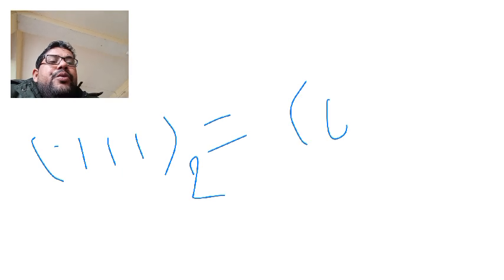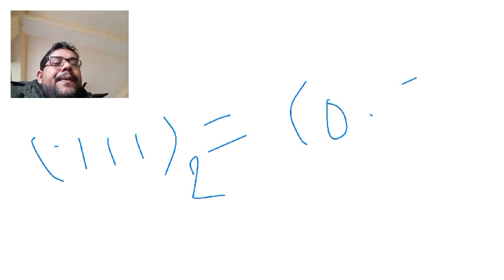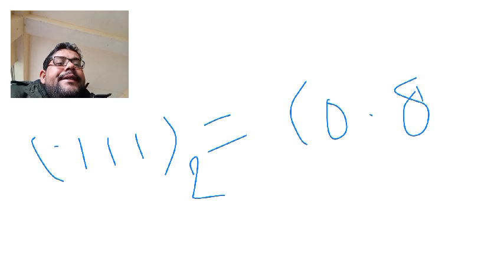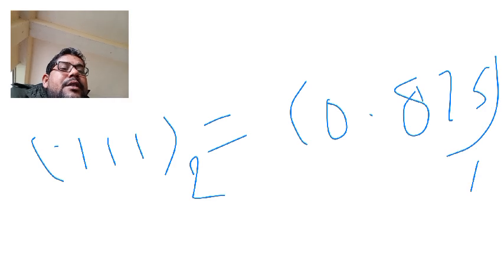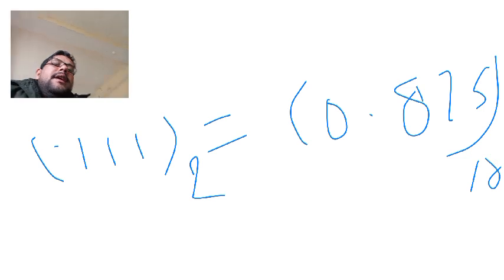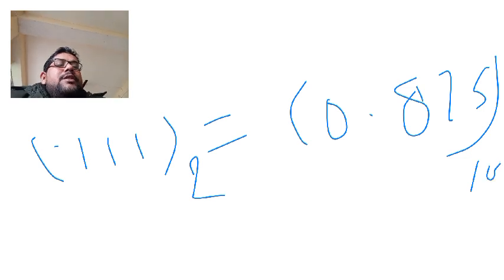We have seen the binary form, and its decimal is 0.875. So this is the conversion of binary to decimal.